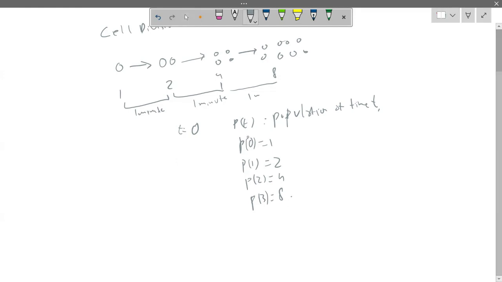So if you have a certain amount of people in a community, the size of the population will grow over time, and it can be modeled in a way similar to this, which we'll talk about later.